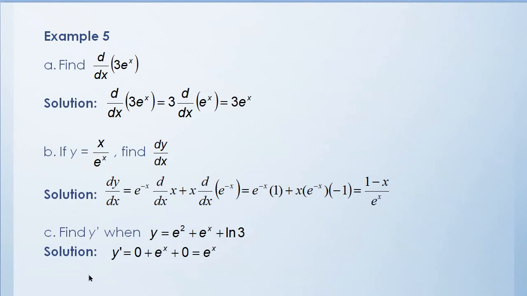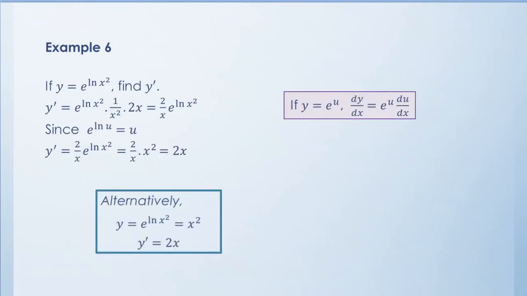Okay, if y equal to exponential power ln x squared and ask to find the y prime. Since we know that if y equal to exponential power u, then y prime or dy dx equal to e power u du dx. So y prime equal to, let u equal to ln x squared.